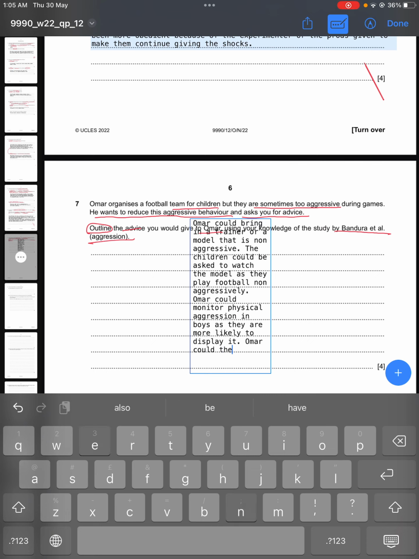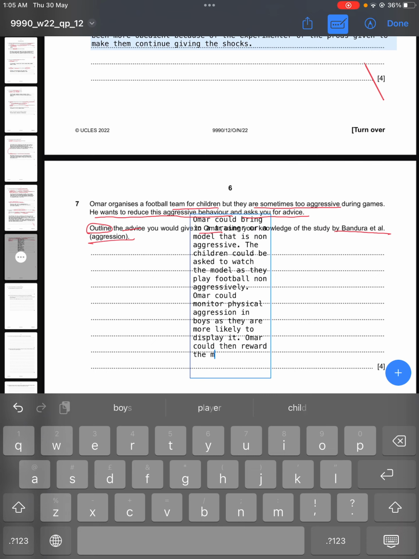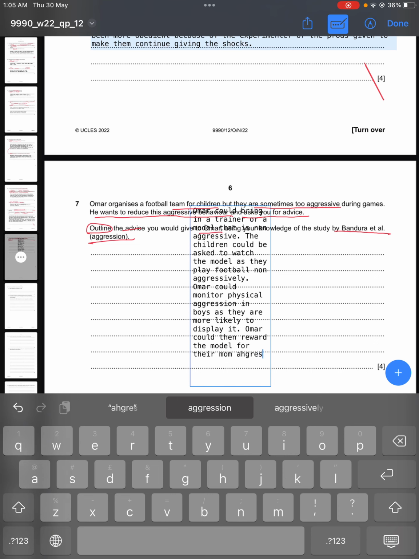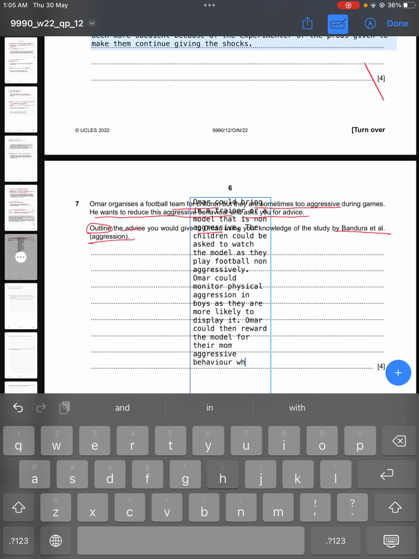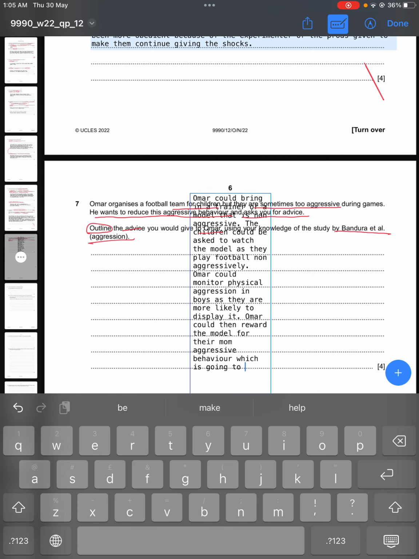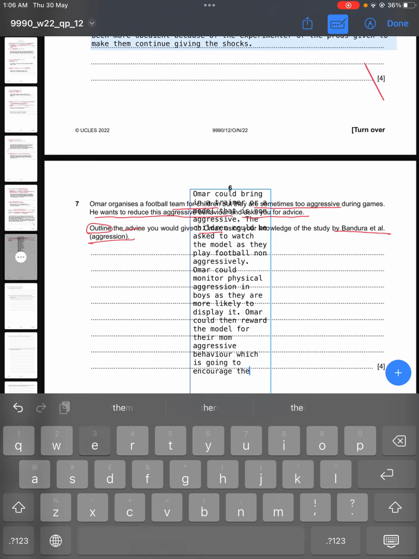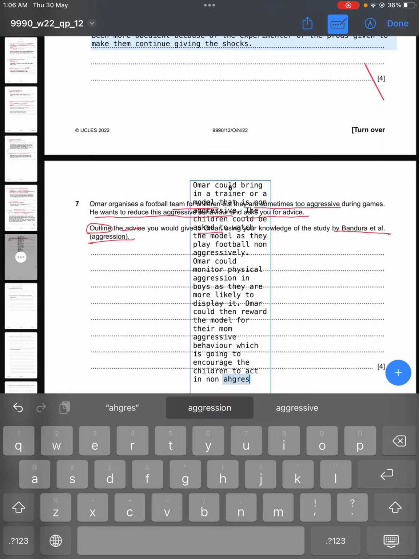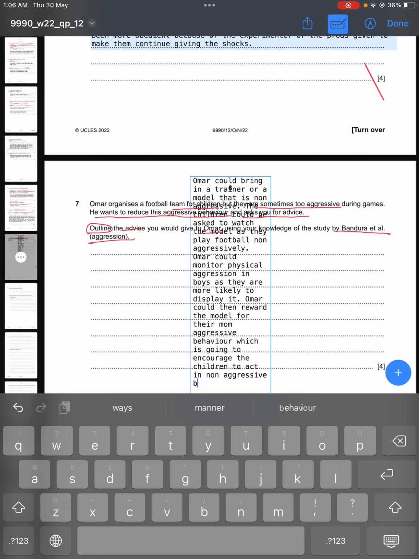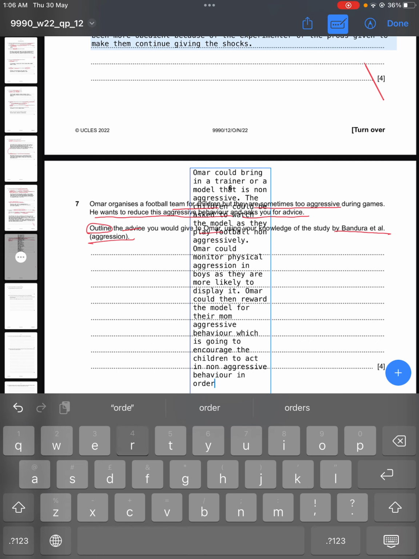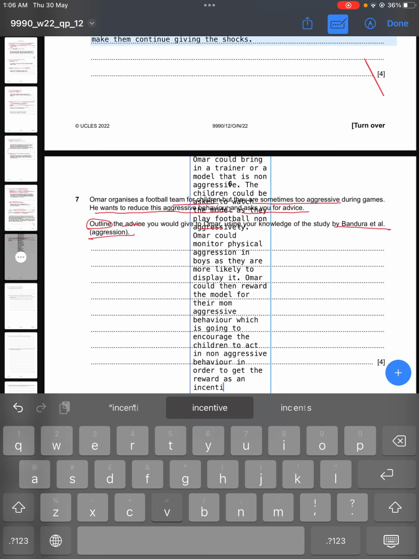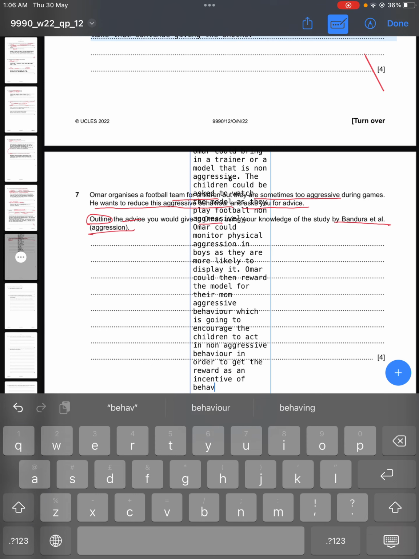Umar could then reward the model for their non-aggressive behavior, which is going to encourage the children to act in non-aggressive behavior in order to get the reward as an incentive of behaving nicely.